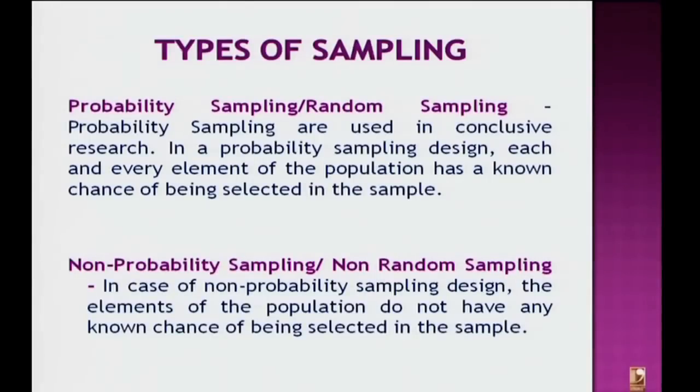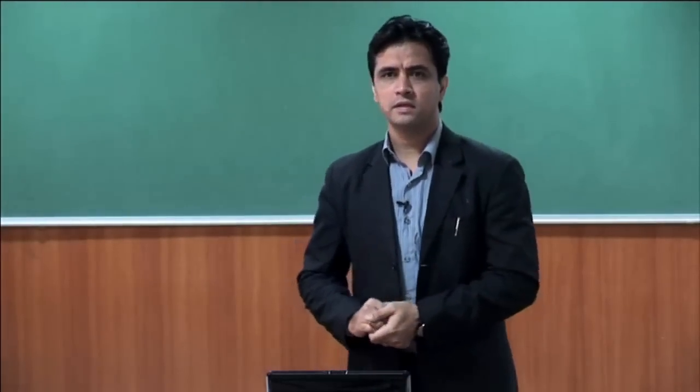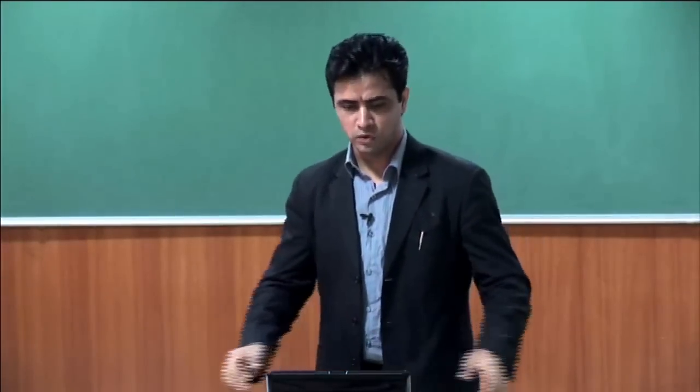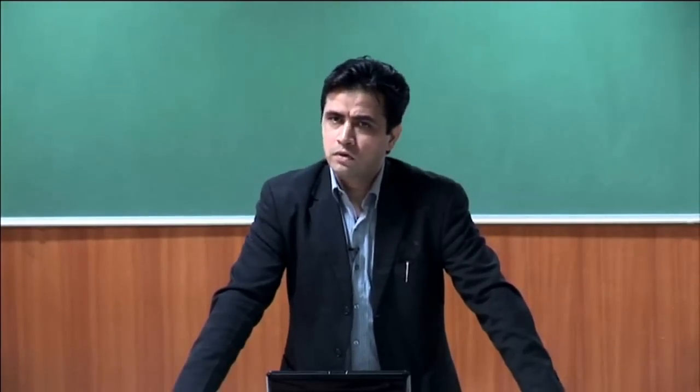Types of sampling, we can categorize into random and non-random sampling, or probability and non-probability sampling. Probability sampling means there is a certain probability of each and every element of the population being selected in the sample. Probability is known in advance, whereas in non-probability sampling, probability is not known in advance.